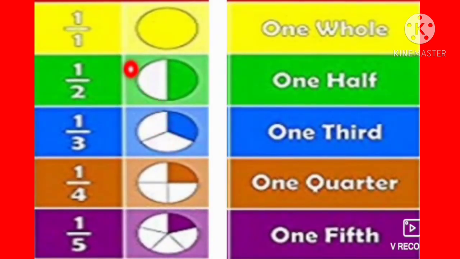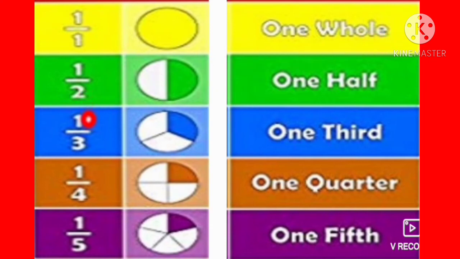Here children, one more example is given. Here 1/1, 2/2. If the digits in the numerator and the denominator are same, then we can say the fraction makes the one whole.